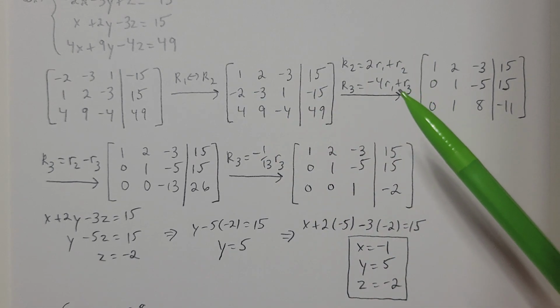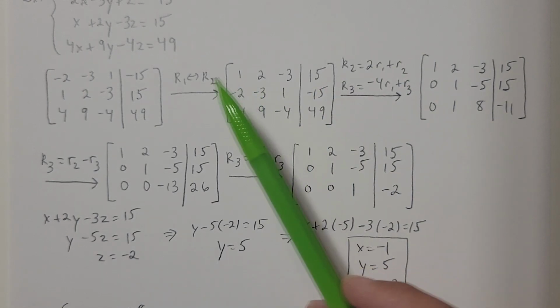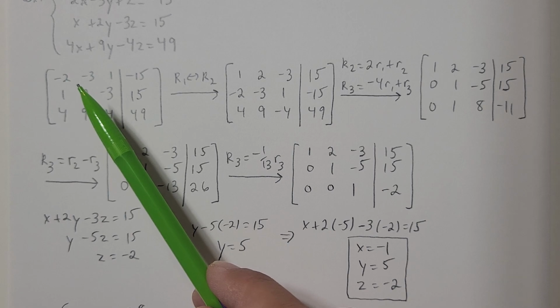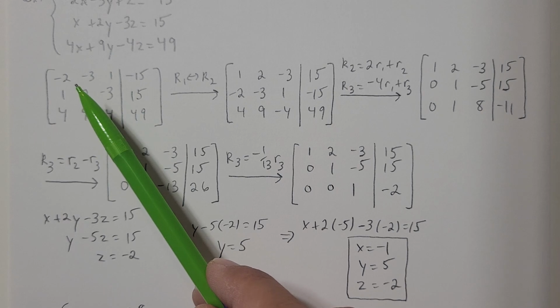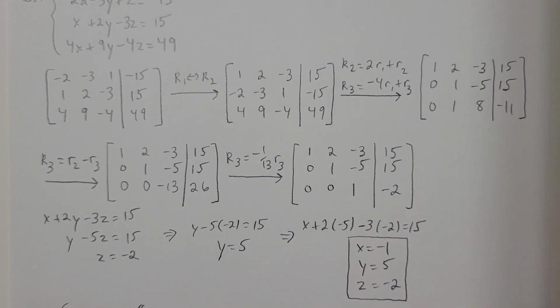Another way to get a 1 in the upper left-hand corner is to multiply row 1 by negative 1/2, but then I'll get fractions involved right away. I don't like working with fractions. If you're solving by using matrices, you try to avoid creating fractions, otherwise you're making the problem more difficult than it needs to be.